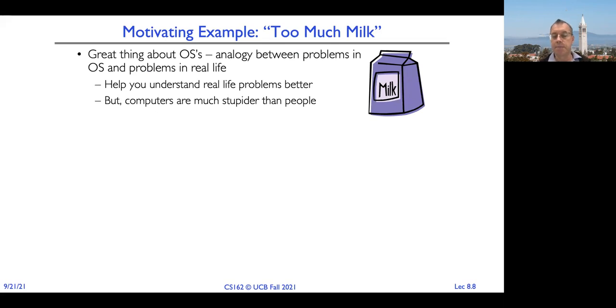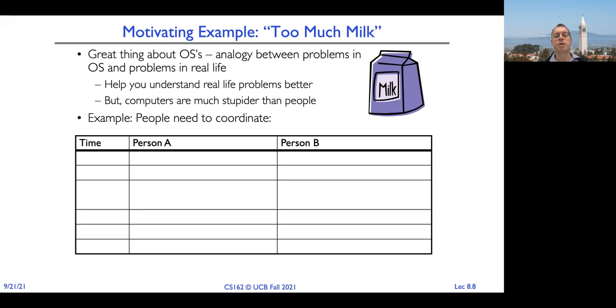So here is a problem. There are two roommates and both of them like milk. The problem is that if there is no milk in the fridge, then whoever discovers that is going to go and get milk, right?